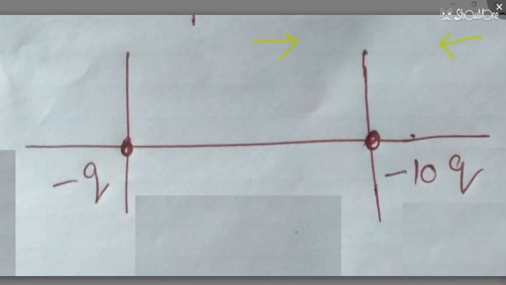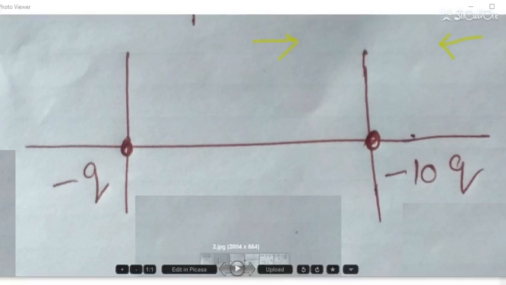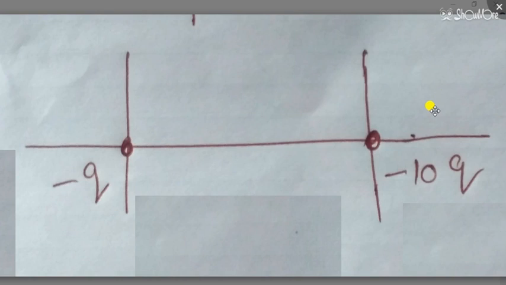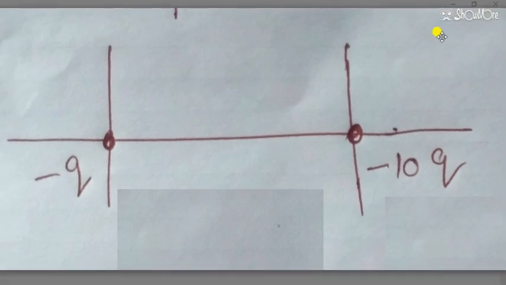Now if I draw the electric field, then due to negative it is in this direction, and it is in this direction.